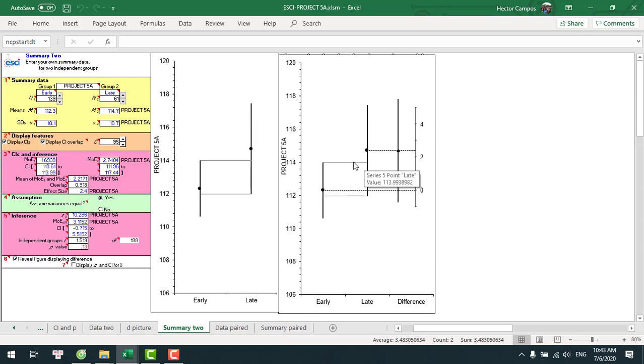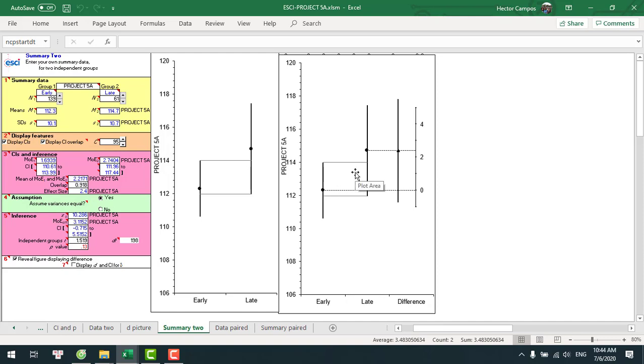We see that there is considerable overlap of the two confidence intervals. So we have a very high level of overlap, which might be an indication that these two means are close enough to be considered equivalent or similar.